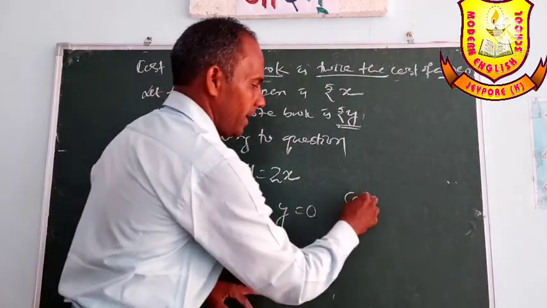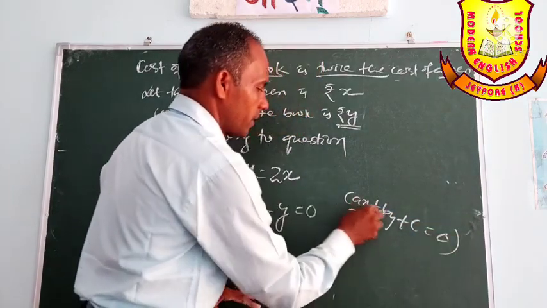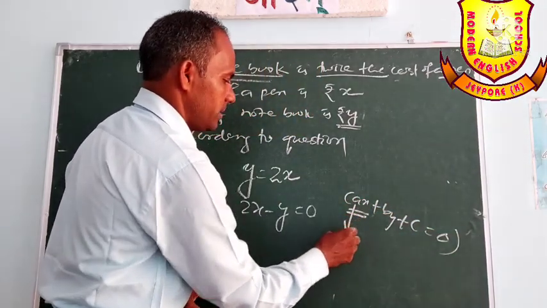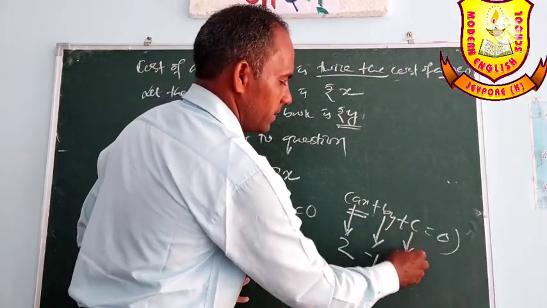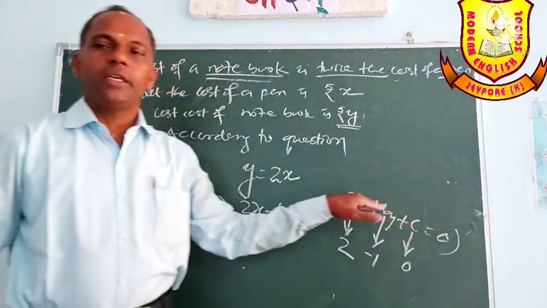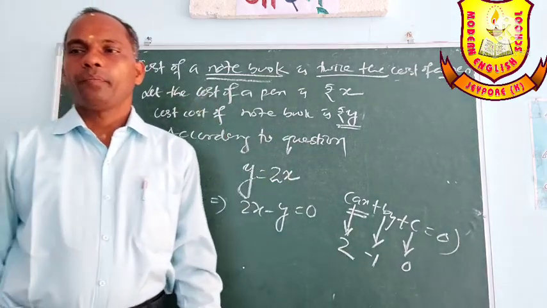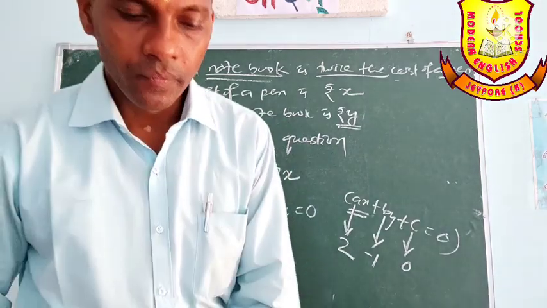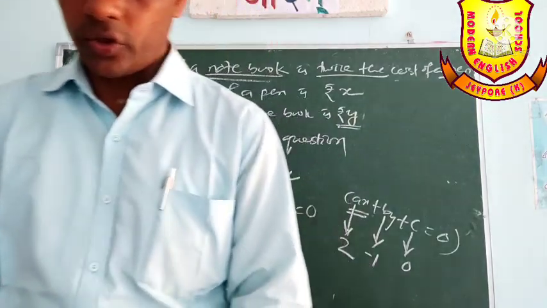Here we have AX plus BY plus C equal to 0, but here A is 2, B is minus 1, and C is 0. So this is in the form of a linear equation in two variables, 2X minus Y equal to 0. Am I clear?